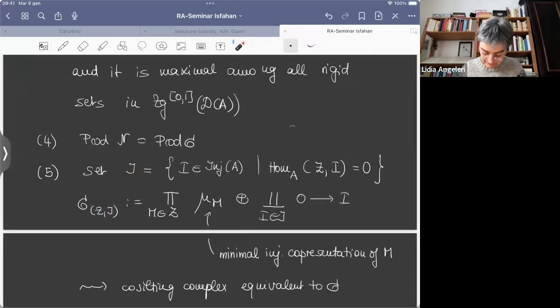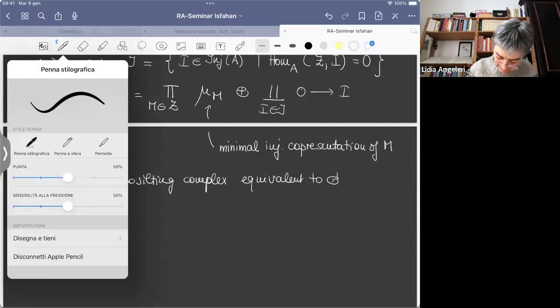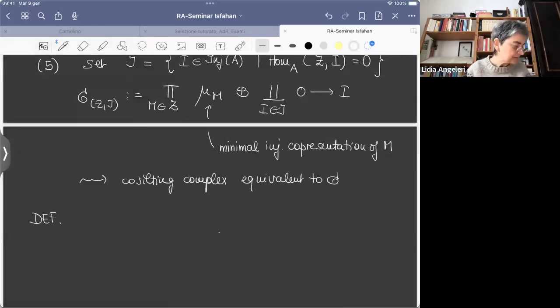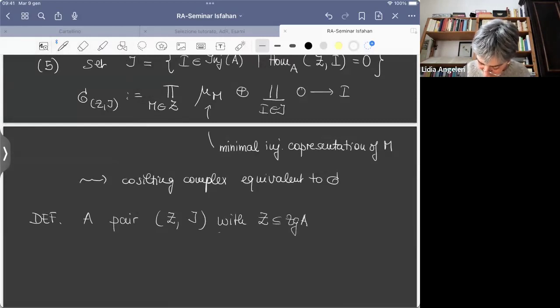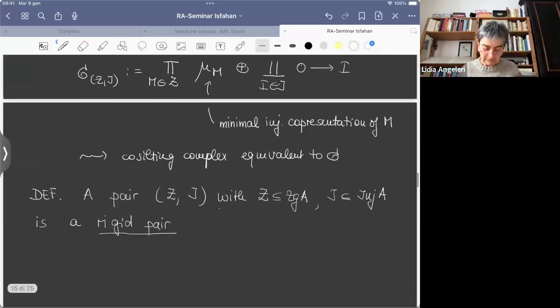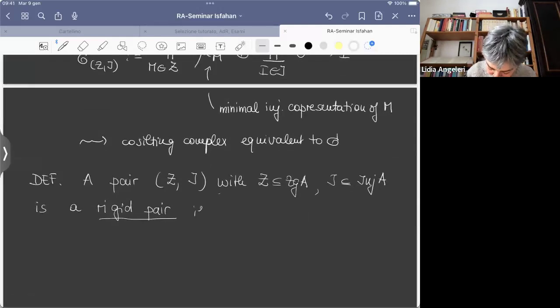So let me write down the definition. Definition: a pair (Z, I), with Z a subset of the Ziegler spectrum of A, and I a set of indecomposable injectives, is a rigid pair if the first condition is that the minimal injective copresentations of the modules in Z form a rigid set.